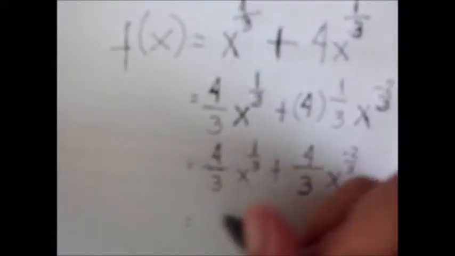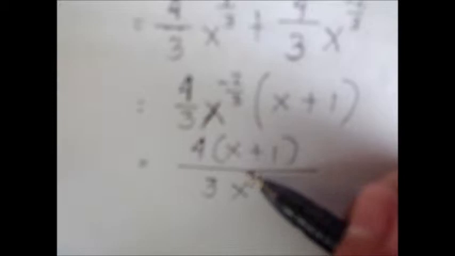We're not finished yet, so we must factor out the common factor of this. Since the common factor is 4 over 3 times x to the power of negative 2 over 3, we factor it out so that this function will become one term: 4 over 3 times x to the negative 2 over 3 times (x plus 1).